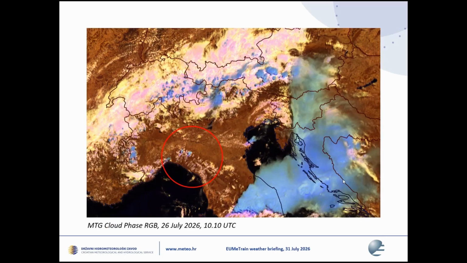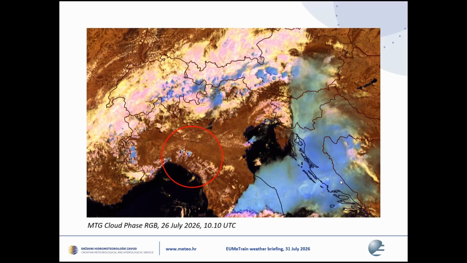So now we will take a look at the MTG cloud phase RGB later that day. We can see a well-developed system in the lower part of the image, but what is more interesting is what is happening in the circled area.